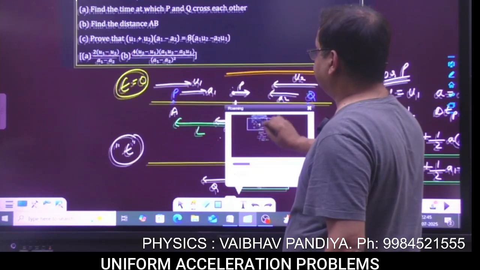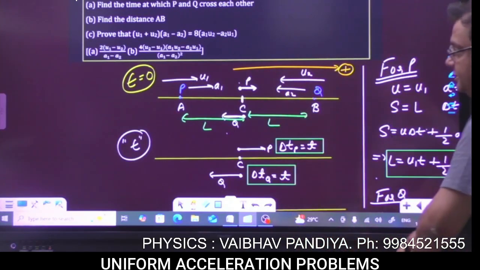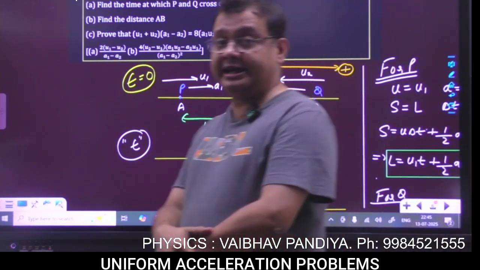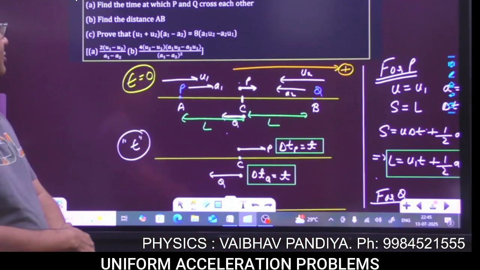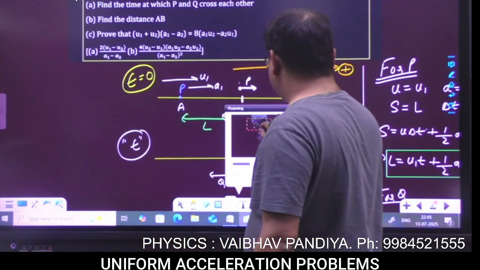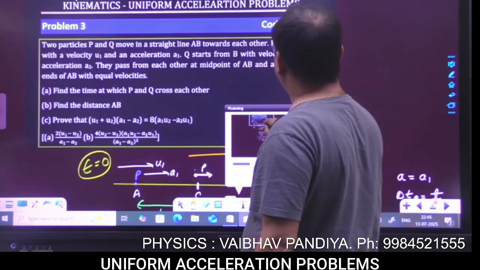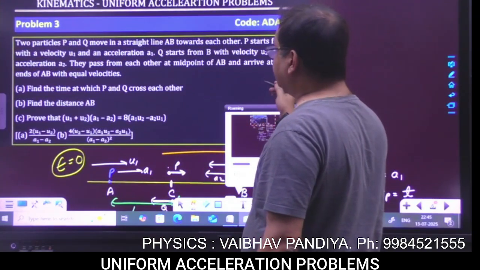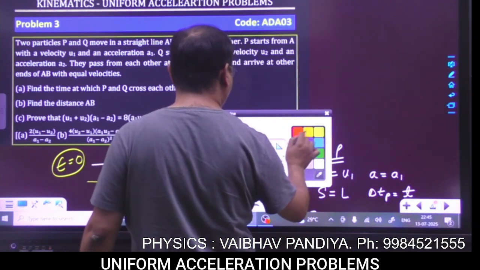Now see, in the third part you have to prove that (U1 plus U2) multiplied by (A1 minus A2) must be equal to 8 times (A1 U2 minus A2 U1). Now, the third part is proving; it is given that they arrive at the other ends of AB with equal velocities. See the further information provided in the problem.